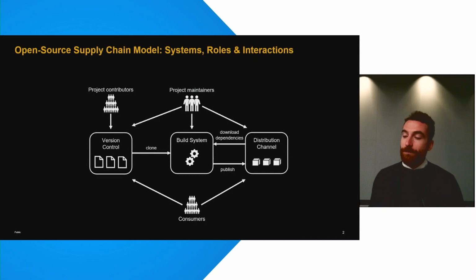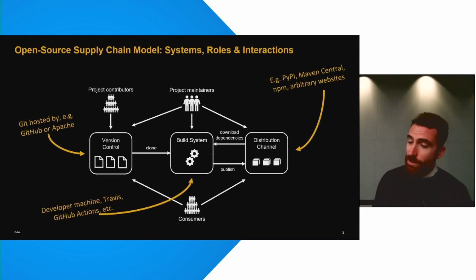Before understanding what the common attacks on the open source software supply chain are, we first wanted to understand how the software supply chain is composed, namely what the systems, the roles, and the interactions are, to understand where the possible threats can be.